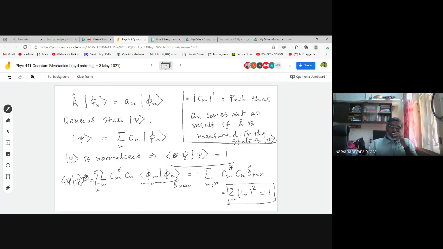Now this particular statement, whatever I have put in the box, I can make only when this is valid. If this is not valid, then I will not be able to make this statement.